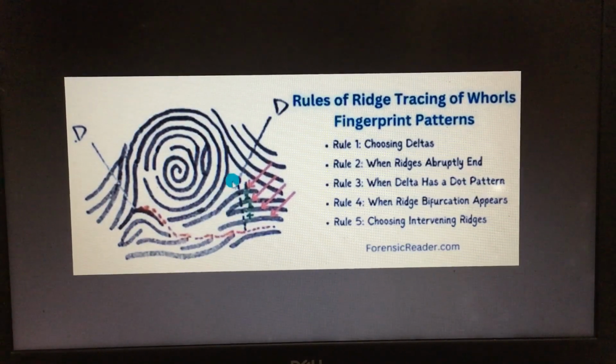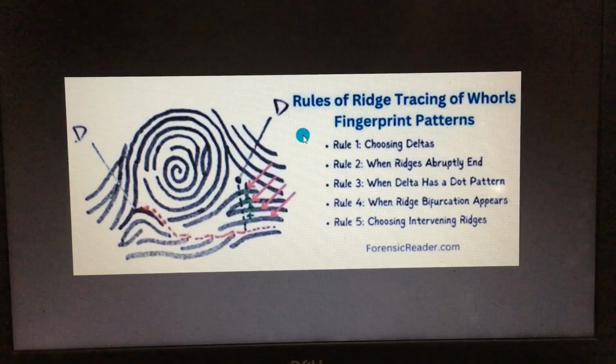The boundaries of the ridge tracing are the two deltas. Here is one side, a delta, and the other side here is also a delta.